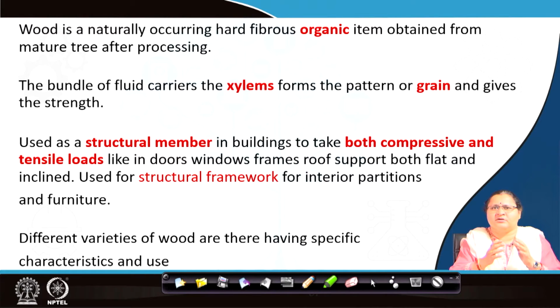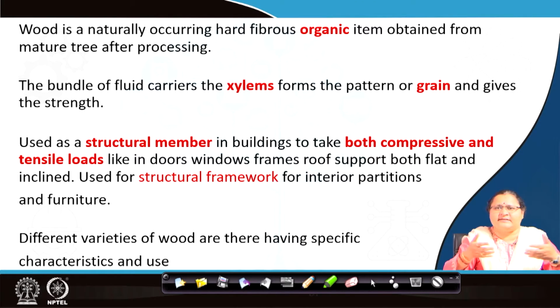So, wood can take compression when it is subjected to load from the top, and also if you allow it to span, resting it between two support walls, you can allow any kind of movement on top of it.